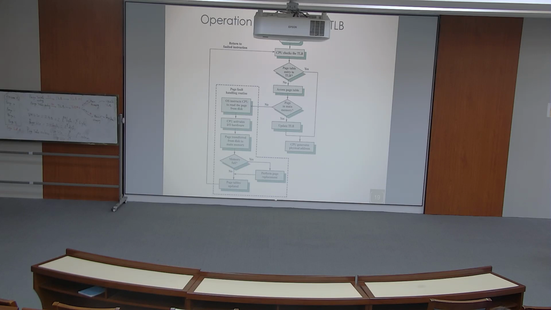So this operation of paging and translation look-aside buffer is similar to the cache memory. For the cache memory, if a block is available in the cache, we call it a hit, right?